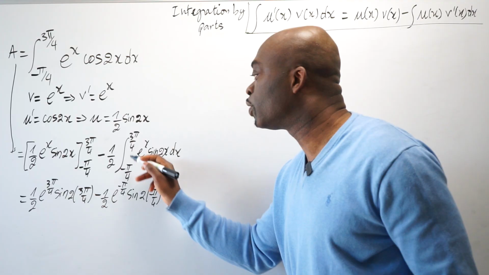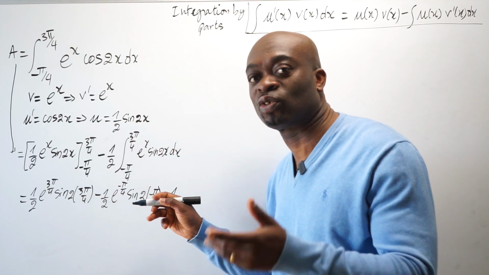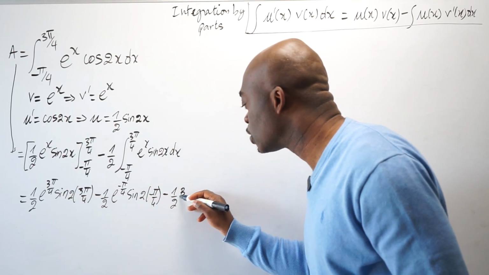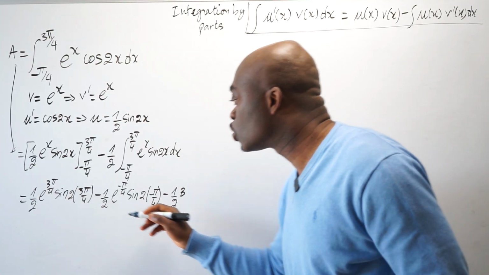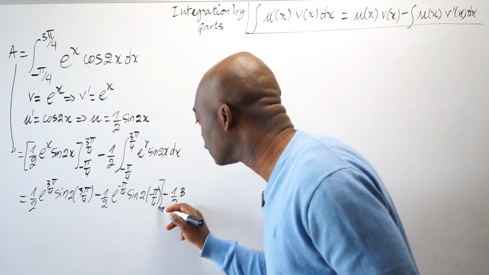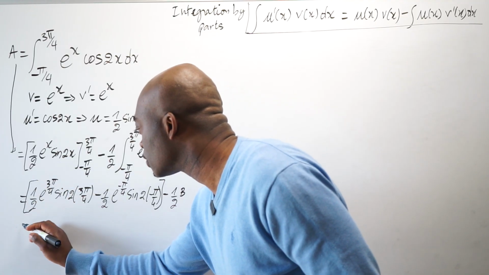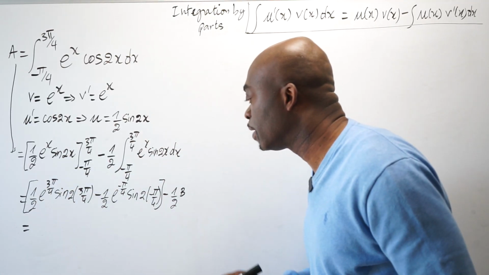We're not going to write all of this again, just to carry the whole thing. So let's call it B, because we're going to solve for it now. This one is in brackets just to make some separation here.